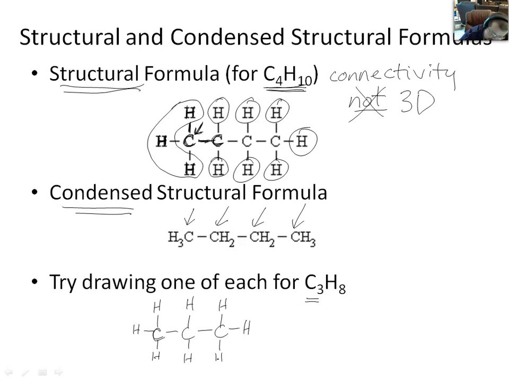If I were to rewrite this as the condensed formula, then every carbon needs to have its hydrogens pulled in next to it. Now if I read this from left to right, the first thing I come across is my hydrogen.